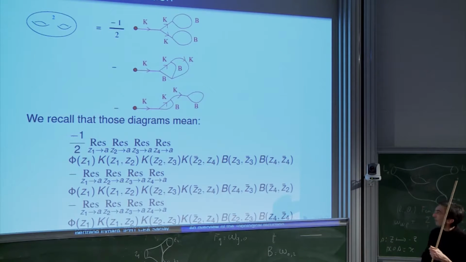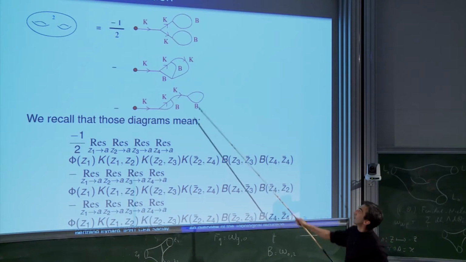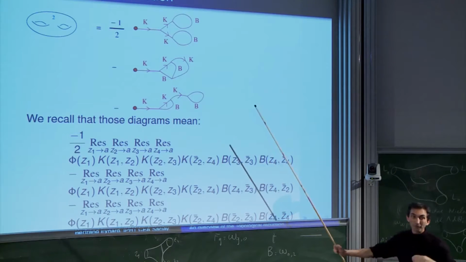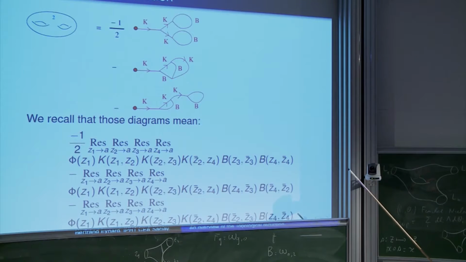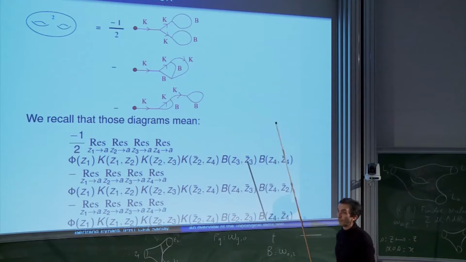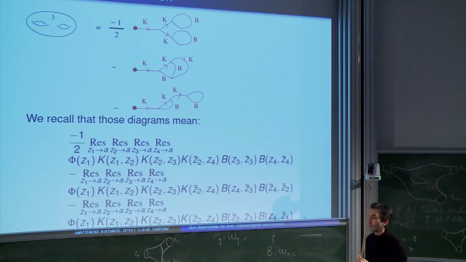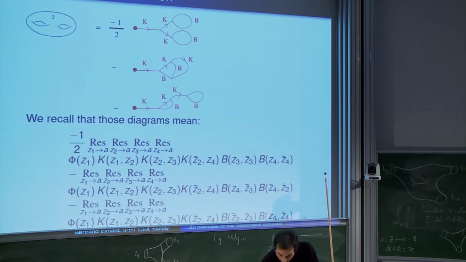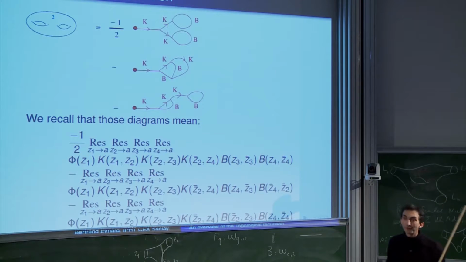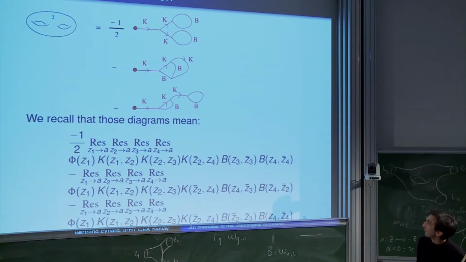But in fact, it is very useful, because most of the theorems you can prove are very easy to prove graphically. For instance, the symmetry or the BCOV-like equations are very easy to prove graphically. And also Givental-like formalism comes out very easily in graphical ways. So it's not only mnemotechnic, it's really useful when you want to manipulate those things.